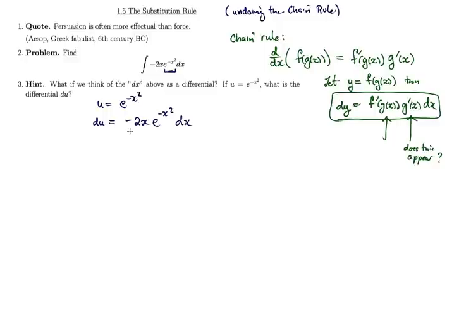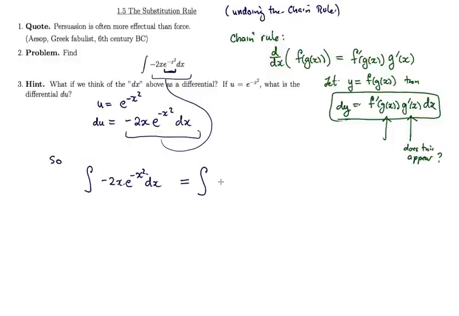And what we notice is that this is actually the entire integrand, along with the dx there. So we've just seen that this integral that we're trying to deal with is equivalent, in terms of this new variable u, to just the integral of 1 du. Right?